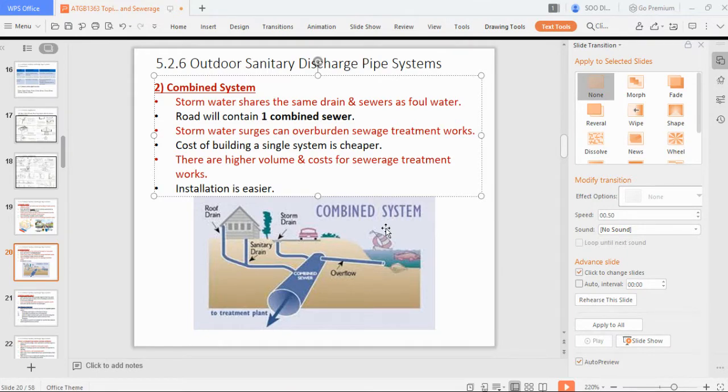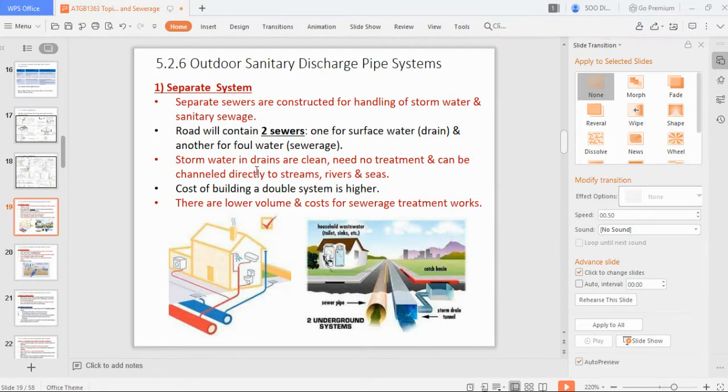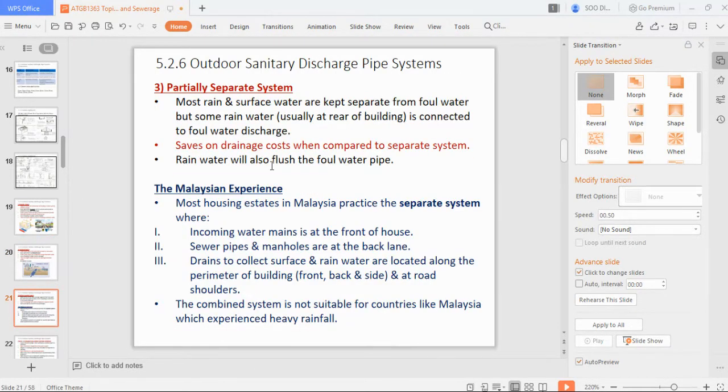Although this system is cheaper, and also simpler, you do not want to do that, because you are actually causing a sudden surge to the sewage treatment plant due to rain. So it will cause a high volume and cost for the sewage treatment plant. So this sort of system is not recommended. We will usually want to go for this system, the separate system or a partial system.